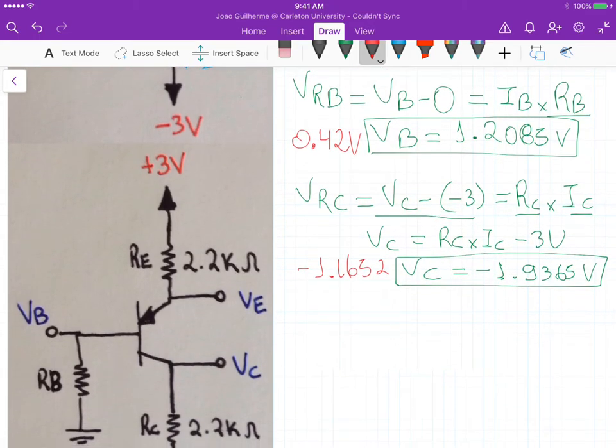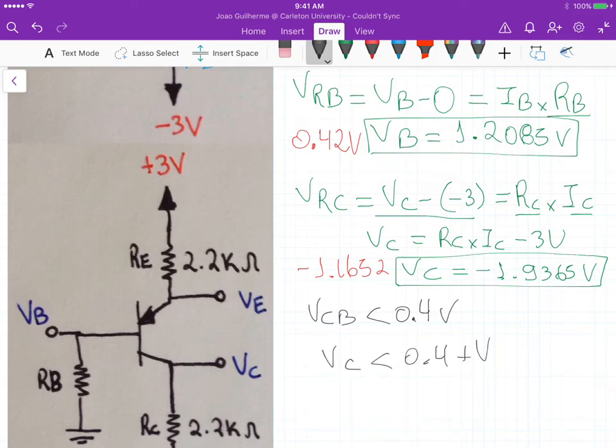Now, remember that we assumed active mode operation. And for active mode operation of a PNP transistor, we must have VCB less than 0.4 volts. So our VC must be less than 0.4 plus VB. And this gives us a VC, right?